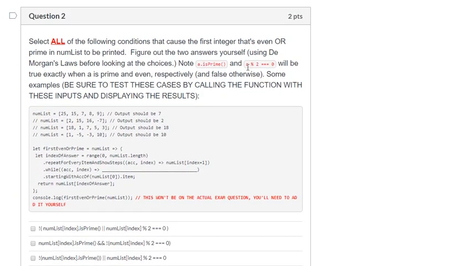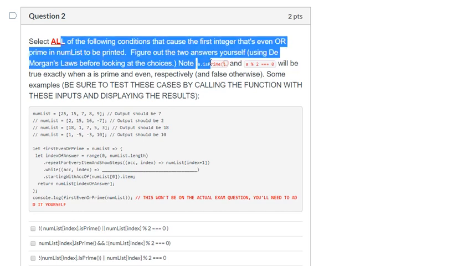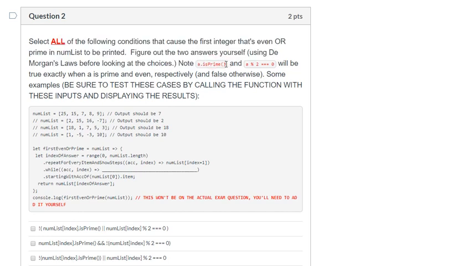So this one we're trying to find the first integer that's even or prime, right? So again, our until would be number is divisible by 2 or the number is prime. Is prime is not built into JavaScript, but you have that in text to code. So we're looking for numList of index is prime or numList of index is even, right?